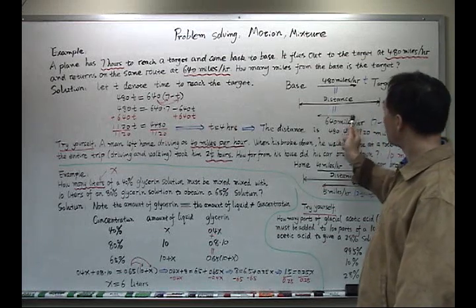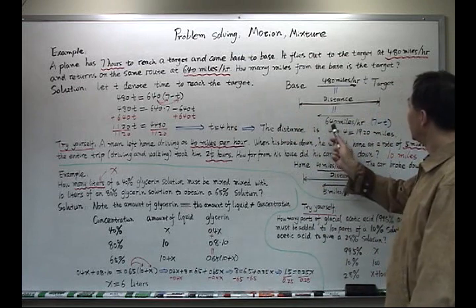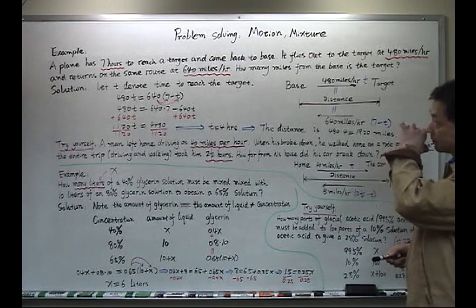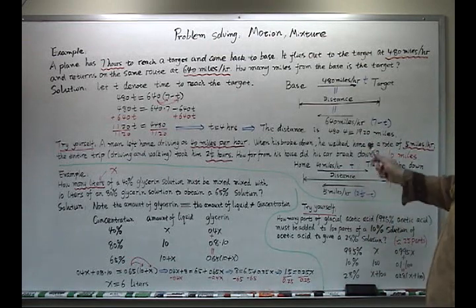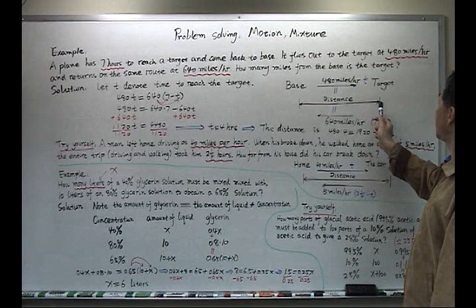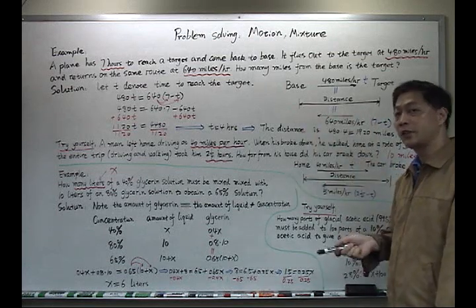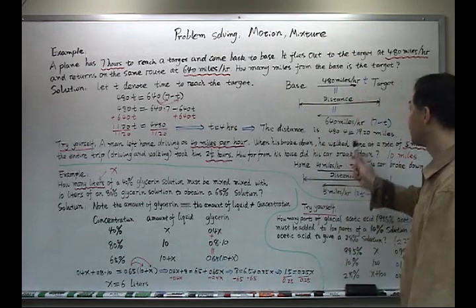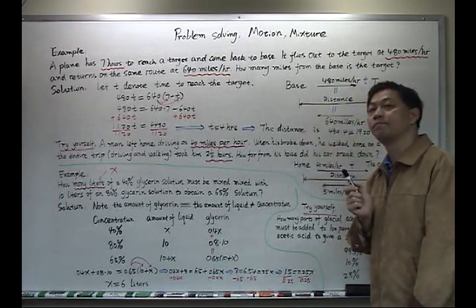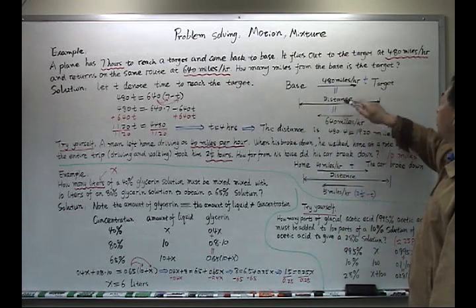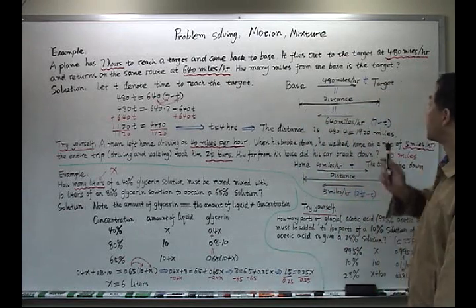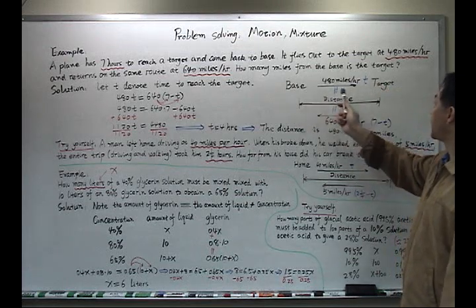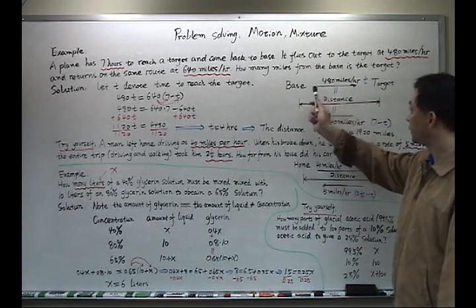From the target back to the base is 640 miles per hour. With the different speeds or rates, the distance is the same. Because the rates are different, the time might be different from the base to the target and from the target to the base.